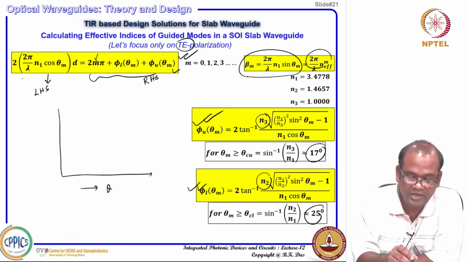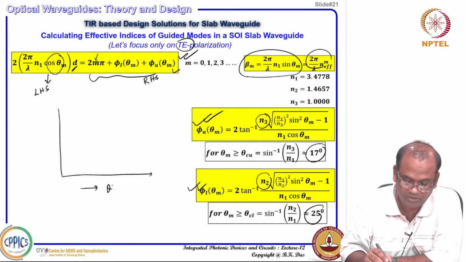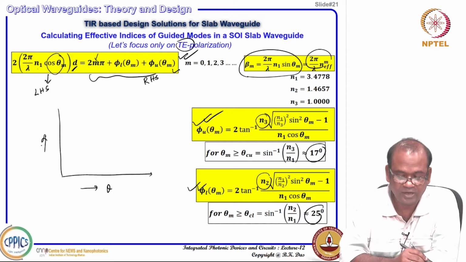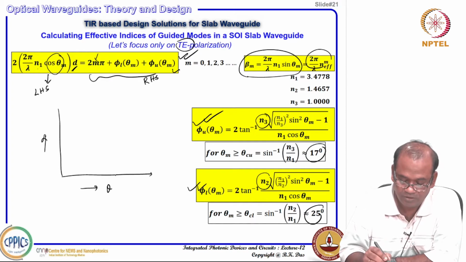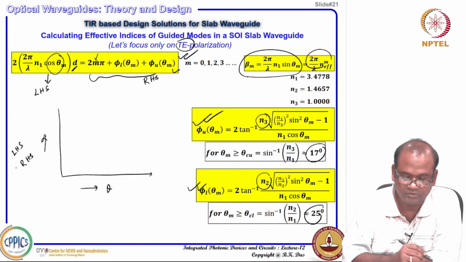But what will be changing on the left hand side? For a given thickness of the waveguide, n1 is fixed and lambda is fixed, so the only thing that changes is theta m. So, I can plot the left hand side as a function of theta, and I can plot the right hand side as a function of theta. Left hand side and right hand side I will be plotting.